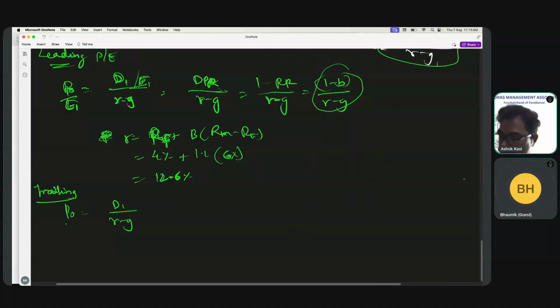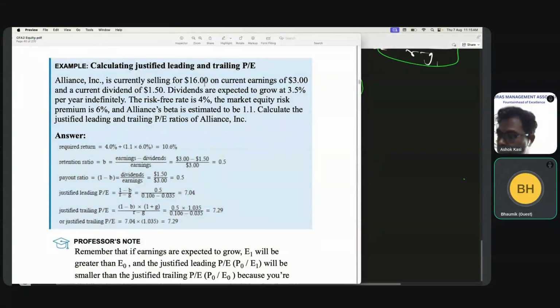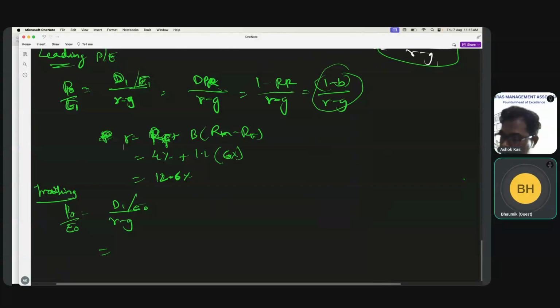D1, the current dividend is 1.5, plus 3.5 percent, 16 divided by 10.6.